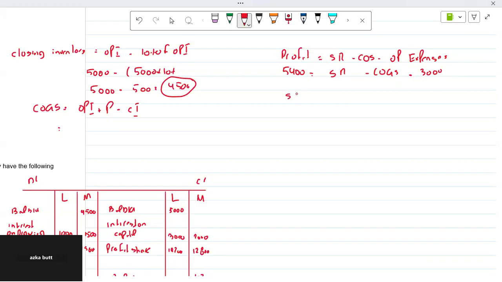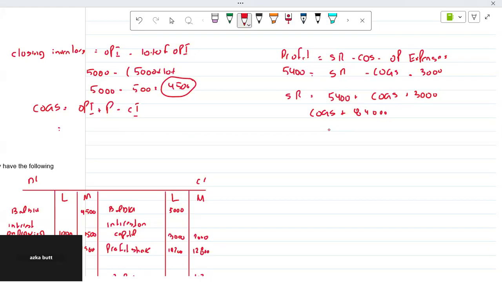So sales revenue is equal to 5,400 plus cost of goods sold plus 3,000. So it means that sales revenue is cost of goods sold plus 8,400, which is 5,400 plus 3,000. So this is 8,400.